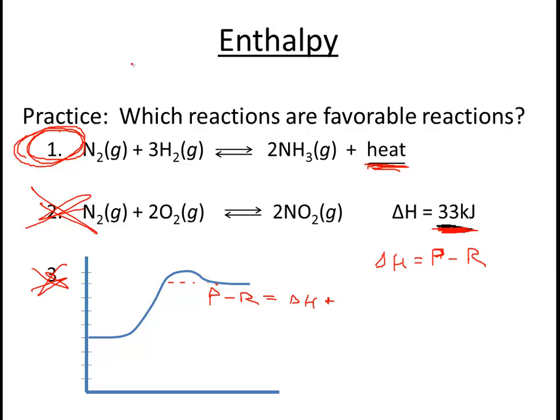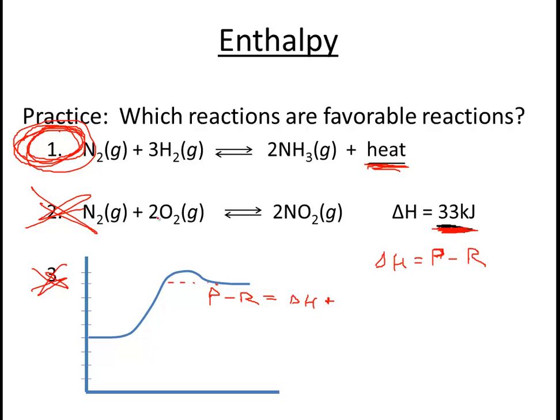And since exothermic reactions are favorable, this one is a favorable reaction. Now, if this heat was on the other side, it would be saying that it would require heat for a reaction to occur, and that would be endothermic. That would not be favorable.